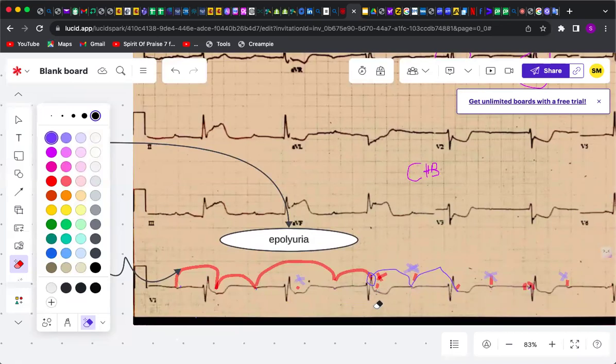Okay, so that is what normally happens for third degree AV blocks. Okay, so the QRS complex is normal if ventricles are activated by the junctional escape focus, and it is wide if the escape focus is coming from the ventricles.